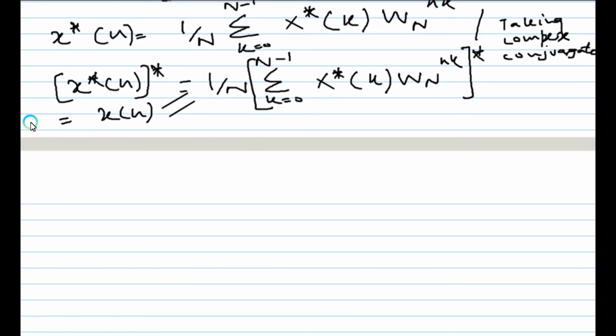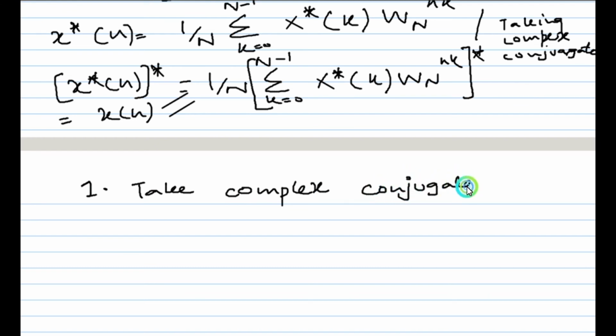Basically what I had to find was x of n, using the FFT algorithm. So how have we calculated x of n? As a first step, I will take the complex conjugate of x of k, right?